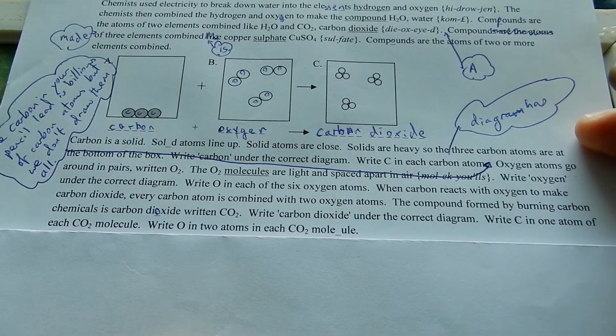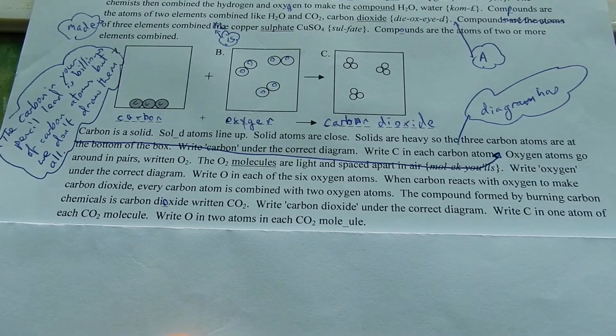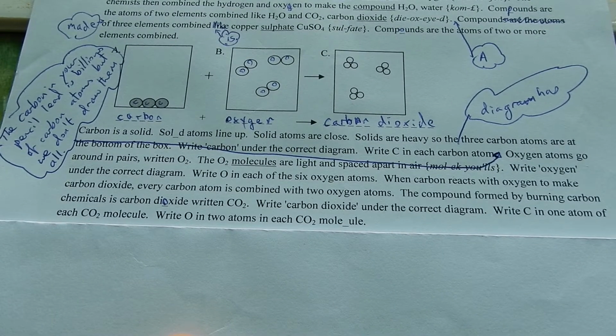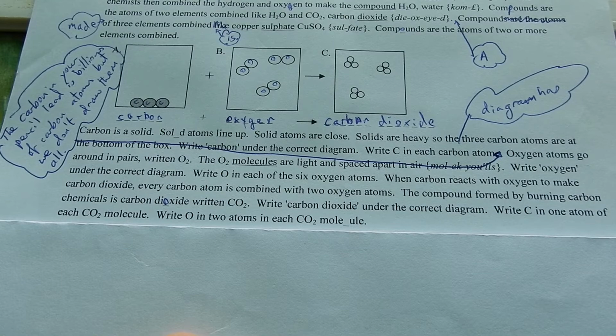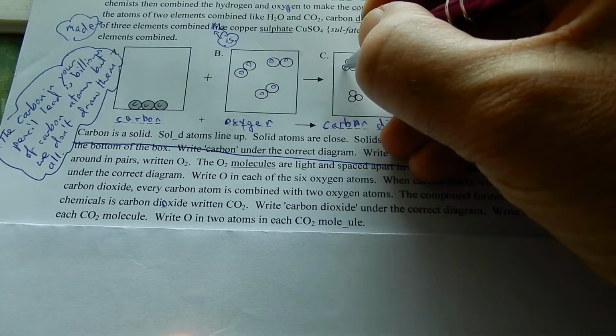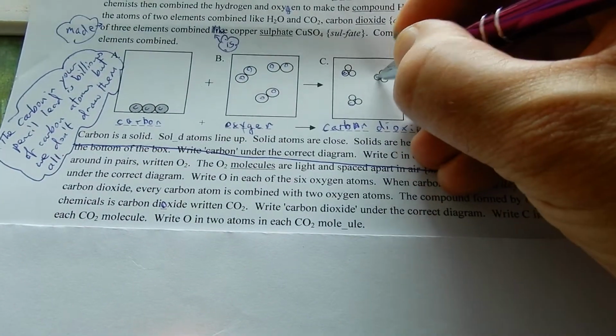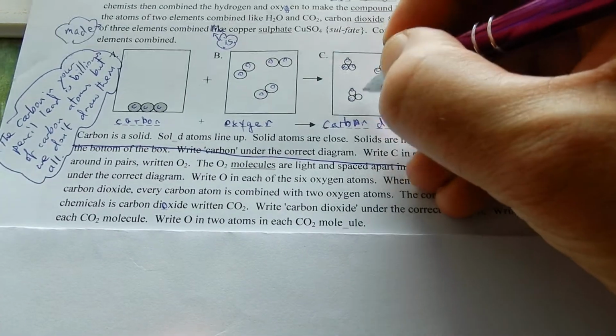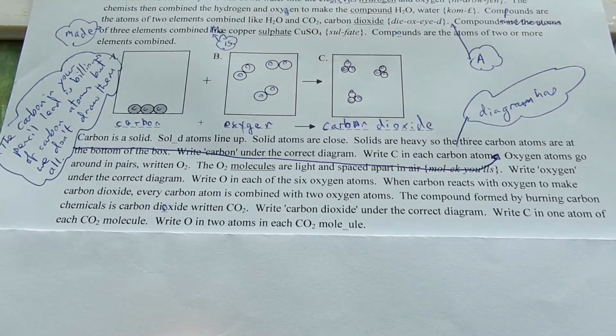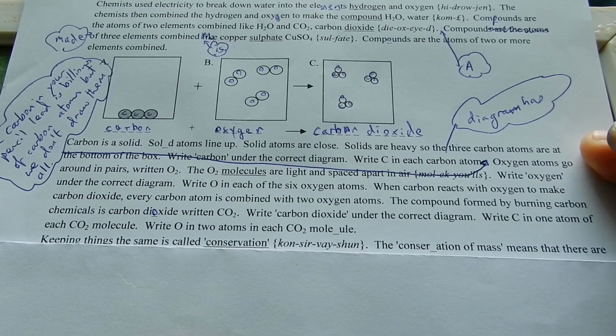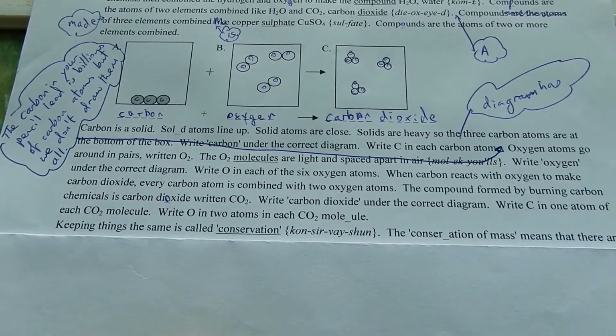Write C in one atom of each CO2 molecule. Write O in two atoms in each CO2 molecule. C, C, C, O, O, O, O, O, O. Oh, that's cool.